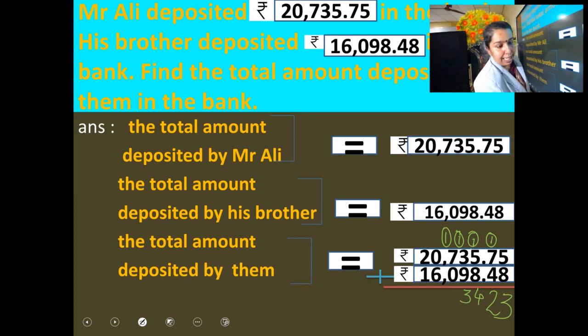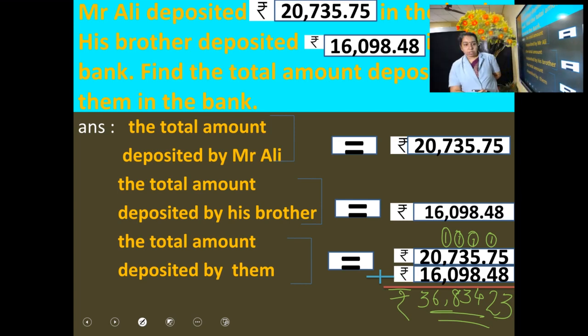1 plus 7, 8. 8 plus 0 is 8. And put a comma. 0 plus 6, 6. 2 plus 1, 3. Then write the symbol of rupee. So clear? So this is our answer. So how do you read it? I told you if there is a point, you have to put a point there.